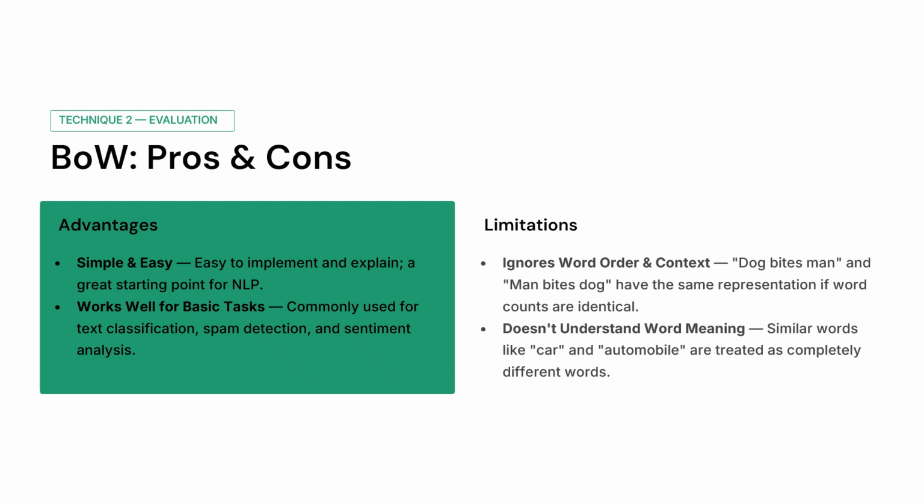But the limitation is that it ignores word order and context. For example, dog bites man and man bites dog both would have a similar representation. And just like one-hot encoding, it also doesn't actually understand word meaning, as similar words like car and automobile are treated as completely separate words.